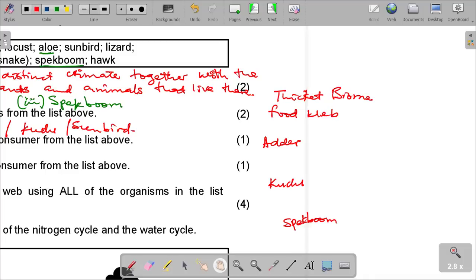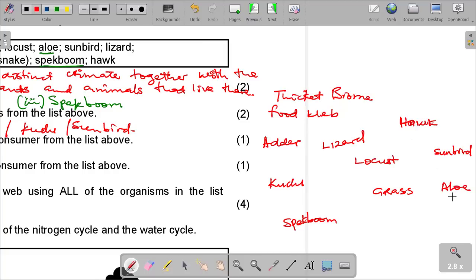We put our grass there, and then we have our locust, the lizard, the hawk, maybe the sunbird, and then we can have the aloe somewhere there.